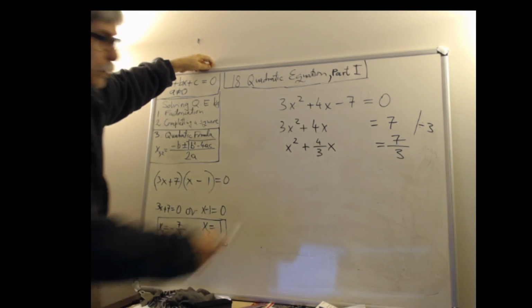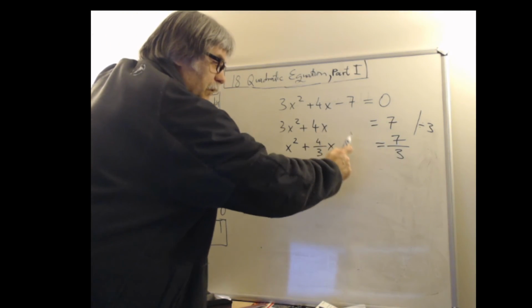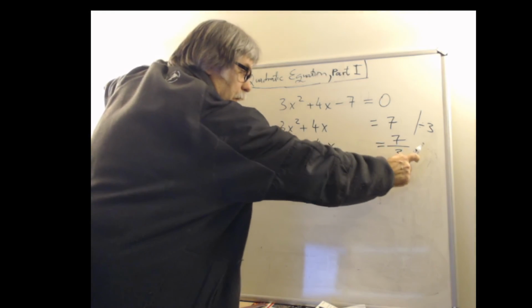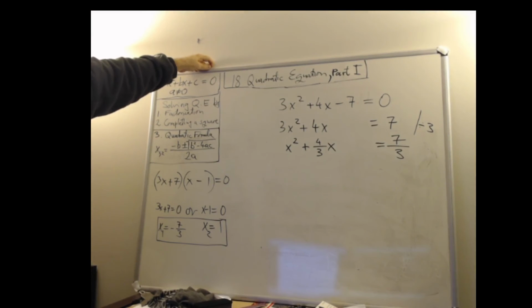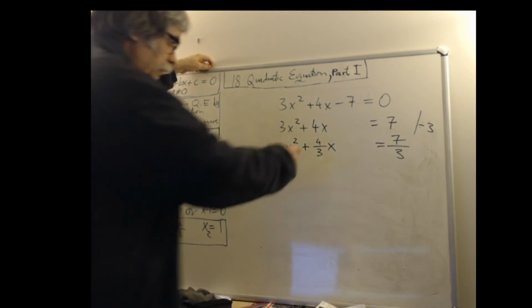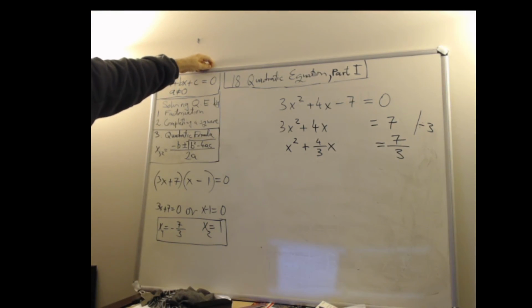Now, you need the half of this guy squared here and here. Half of any fraction is double the denominator. You go 4/3, the half of that is going to be 4/6. 3/4, the half of that is going to be 3/8, which is double the denominator.